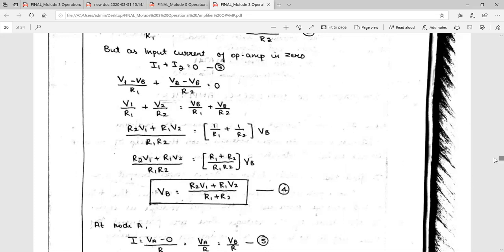Now further, we will write the equations for the current I and current IF. Now we can see the current I is moving from point A to ground, and current IF is moving from V0 to VA. So current I is equal to VA minus 0 by R, and current IF is equal to V0 minus VA by RF.